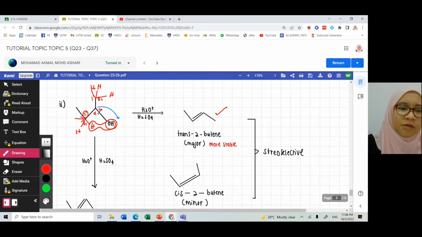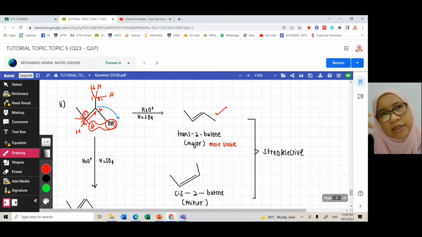Okay. So, it will form a double bond here between this carbon. Actually, as you can see, when this reaction forms this as the final product, it can also form geometrical isomerism. The rule for geometrical isomerism is that the molecule needs to consist of a double bond.